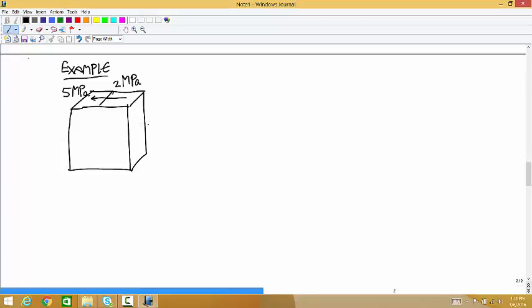And then let's say that there is also a normal traction on the X face of 10 megapascals. Let's do two things.